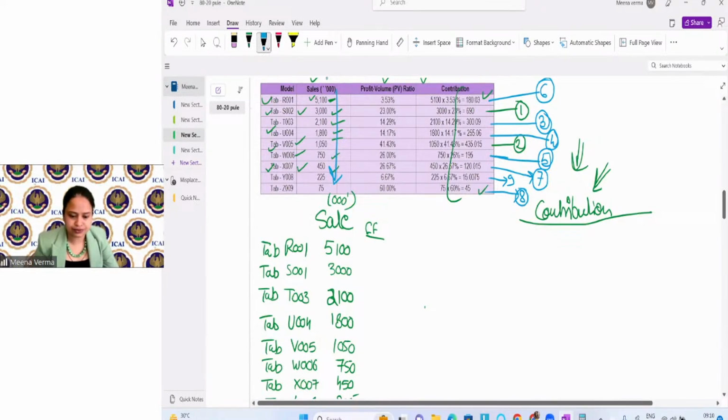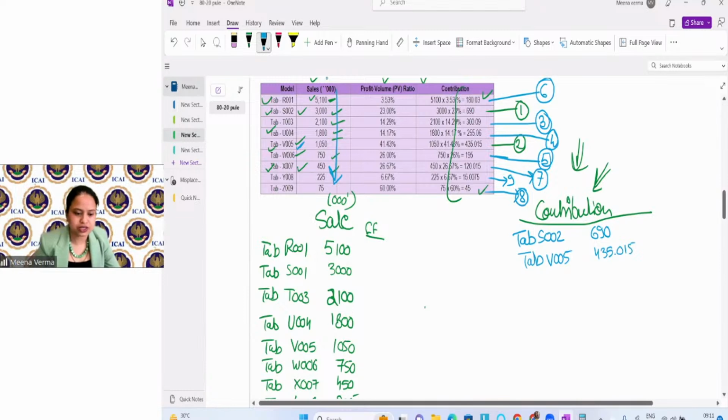A tablet, S002, has the highest contribution. The contribution value is 690. Then the second highest is Tab V005, with 435.015.